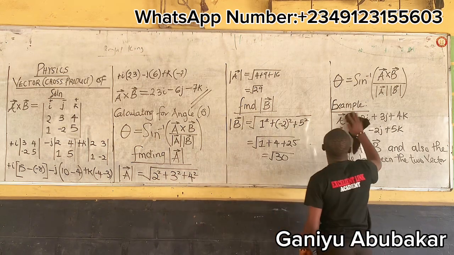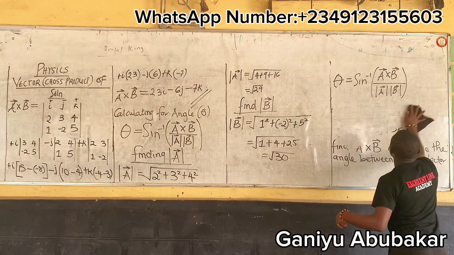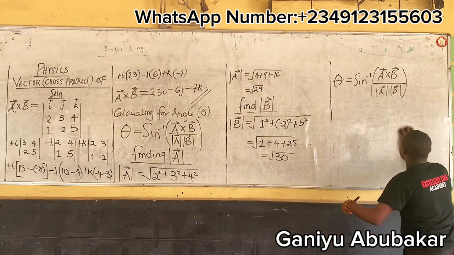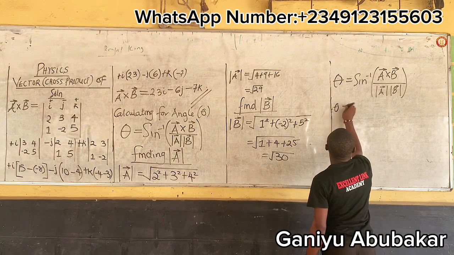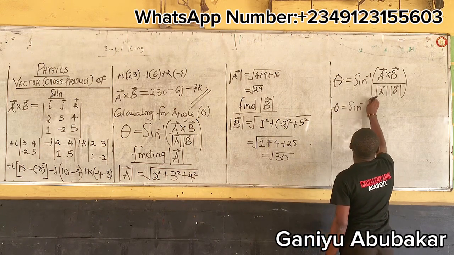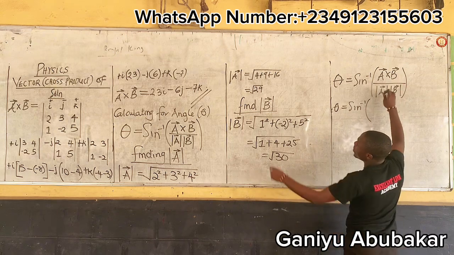So the angle now, look up. The angle theta is equal to sine inverse of, what's the cross product of vectors A and B?